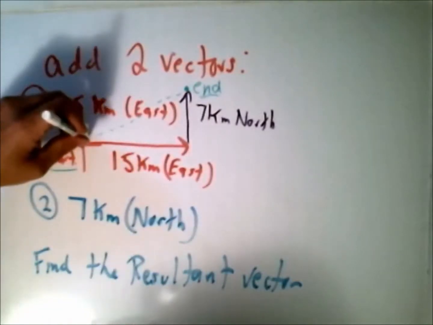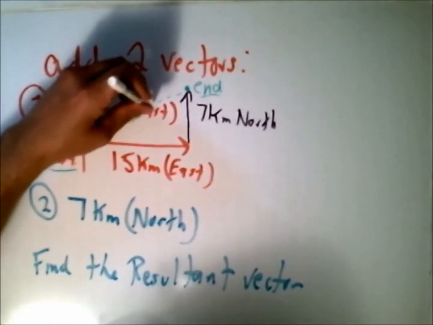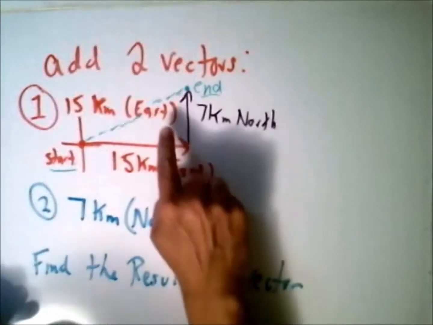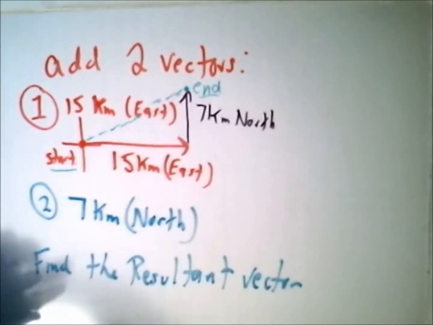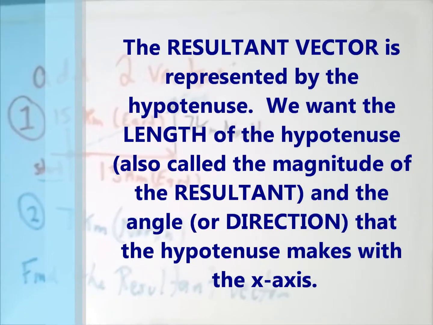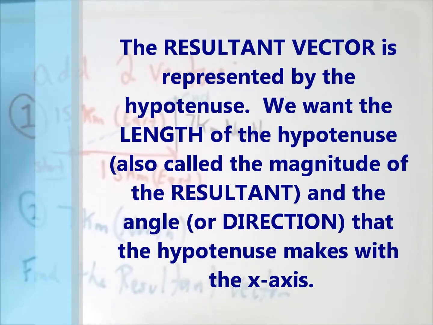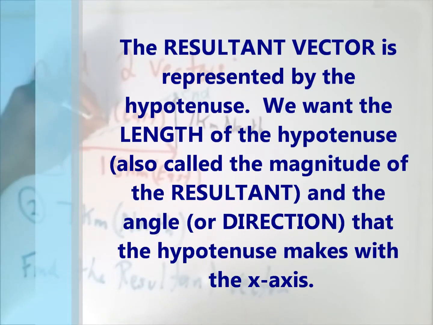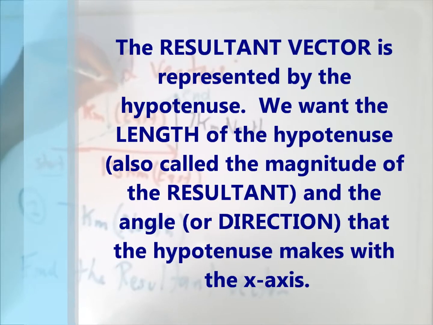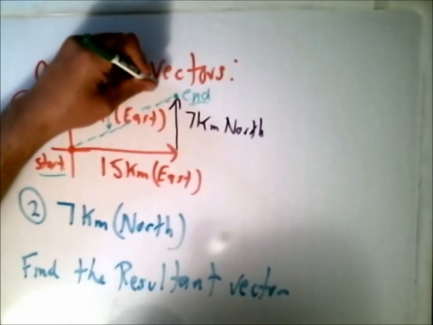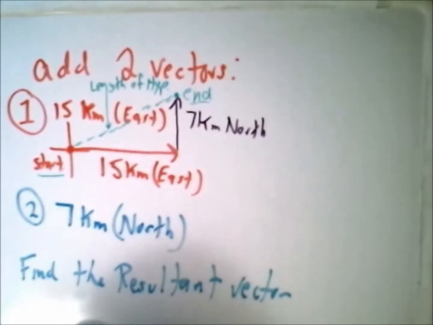So as you can see, what I'm getting here is a triangle, and I want to know everything about that hypotenuse number right there. So what's everything to know about the hypotenuse? Well, I want to know the length of the hypotenuse. How would I use that?